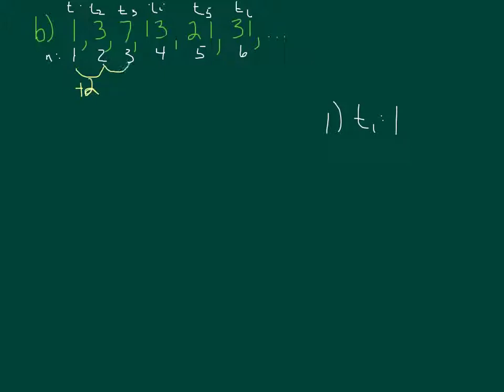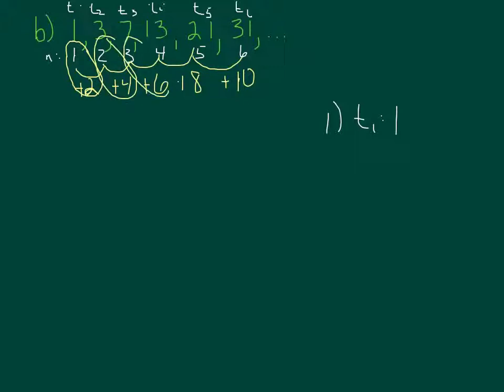To get from 3 to 7, it looks like we add 4. 7 to 13, you're adding 6. 13 to 21, you're adding 8. 21 to 31, you're adding 10. Do you see a pattern? Well, you're adding 2 more each time, but do you see a pattern related to your ns? Related to your ns. I do.